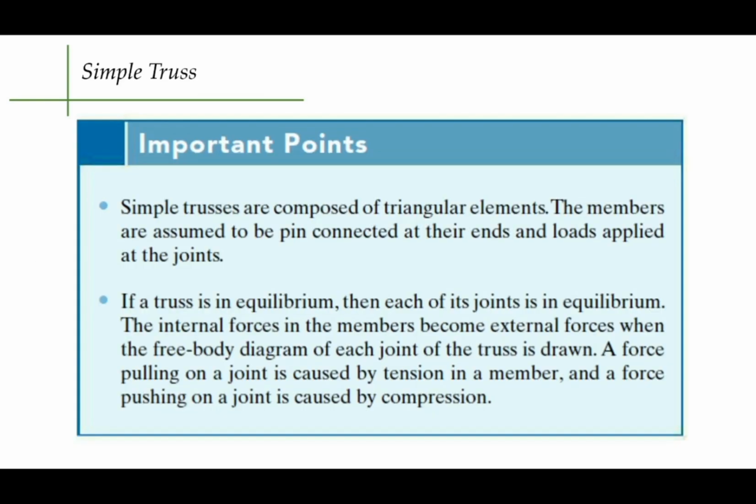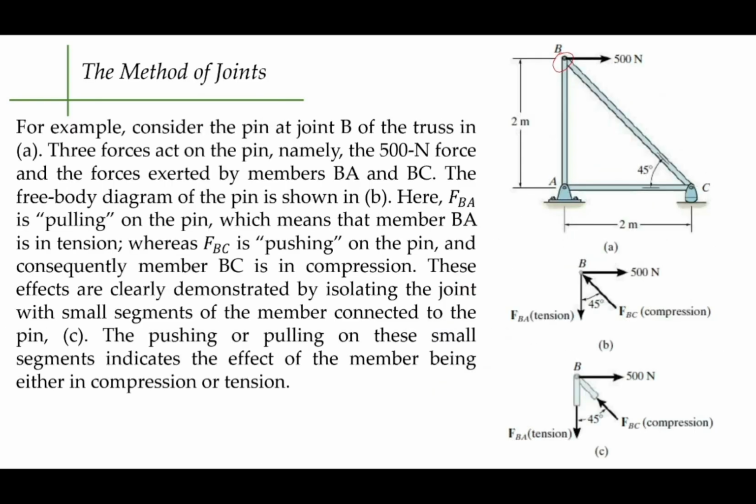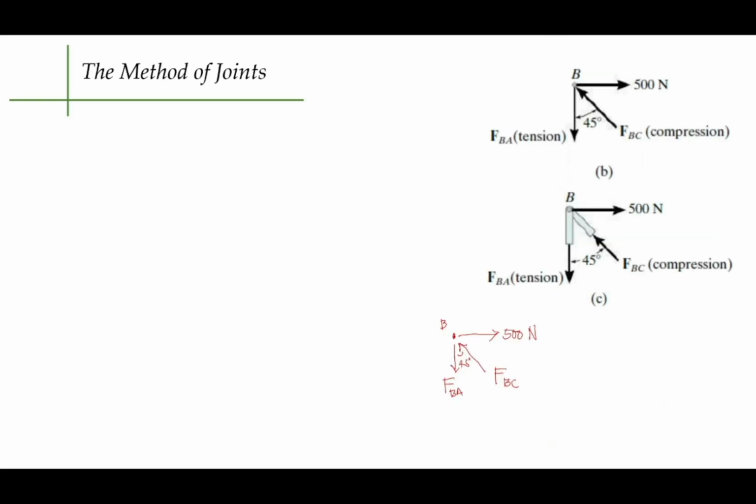What this simply means is, you started solving at joint B here, so you were able to calculate BC and BA. Since you were able to get the correct sense of BC, which is towards the joint, if you do force summation at C, make sure to follow the correct direction of BC, which is towards the joint also. That's simply what it means.